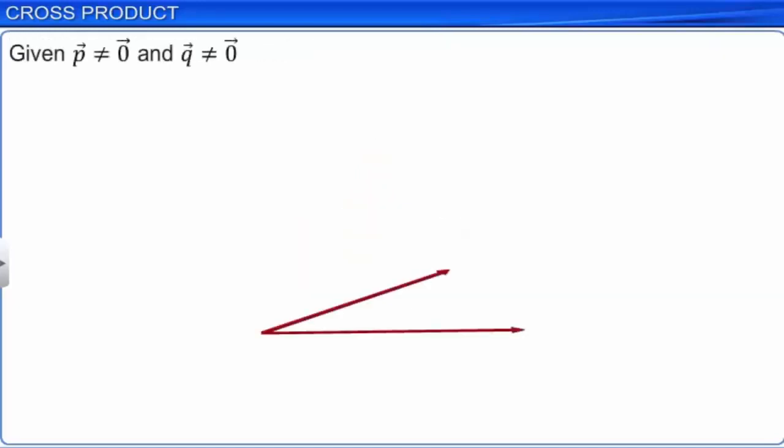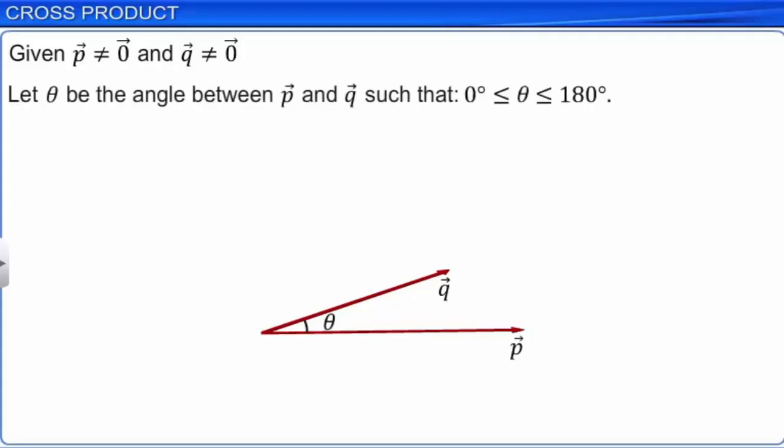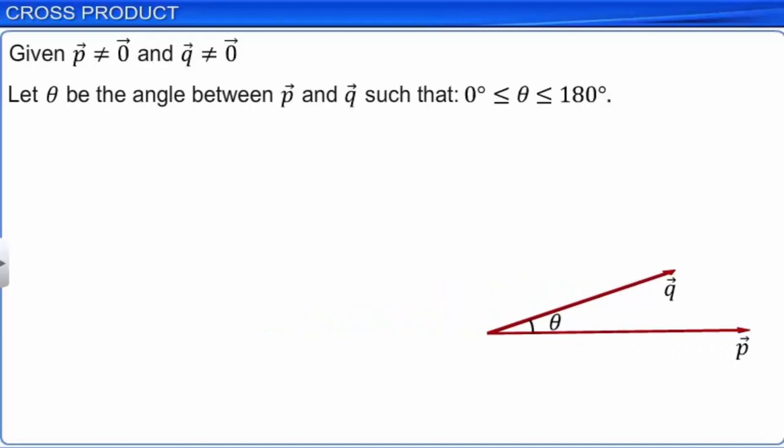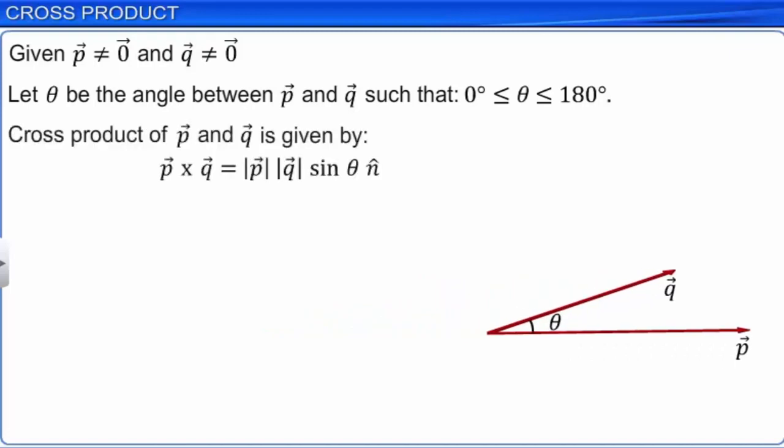Consider two non-zero vectors, P and Q. Let theta be the angle between vectors P and Q such that the value of theta lies between 0 degrees and 180 degrees. Then, the cross product of vectors P and Q is equal to the product of their magnitudes, the sine of angle theta, and a unit vector n.